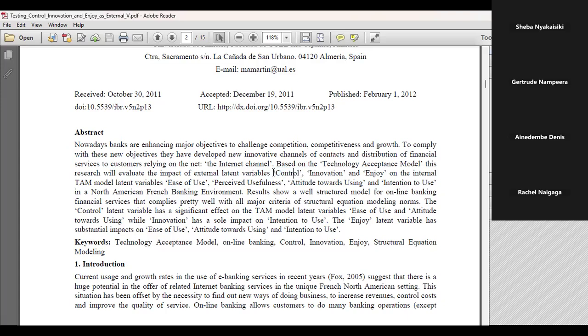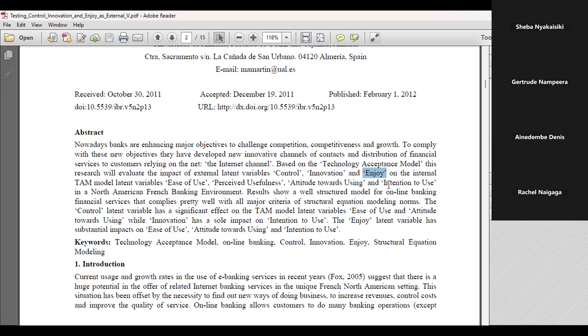So there is the perception of a user in terms of control, the perception that this is a new innovation, and then enjoyment, the pleasure one gets. How high does the pleasure exist?